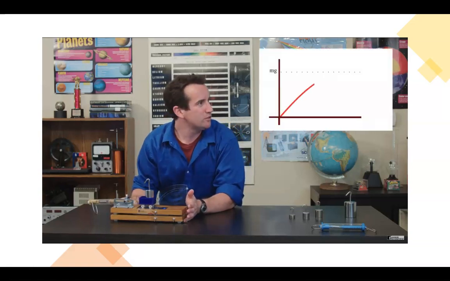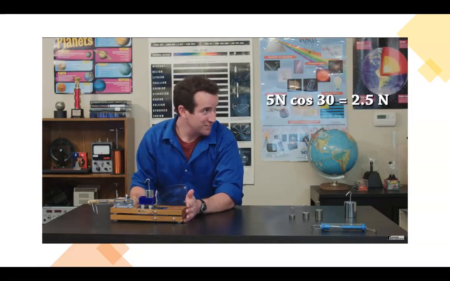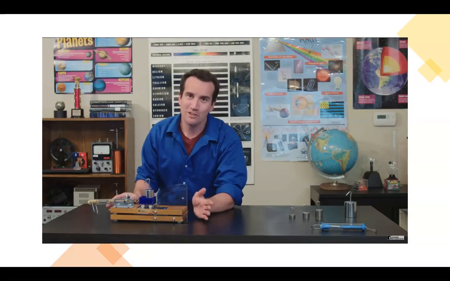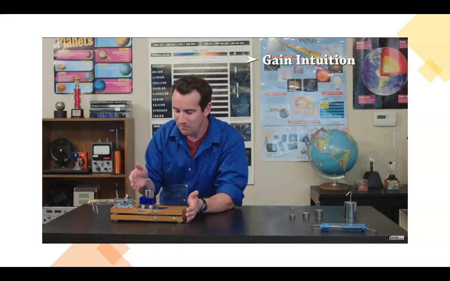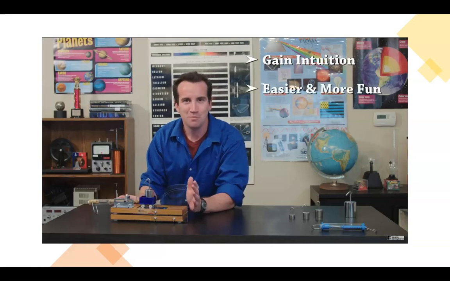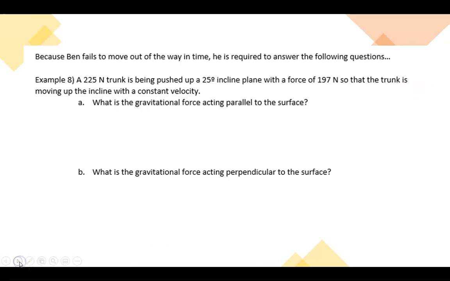For example, you can graph specific relationships, you can verify specific predictions, and more than anything else, you can gain an intuition for these subtle concepts, making forces on an incline much easier to understand and a lot more fun.